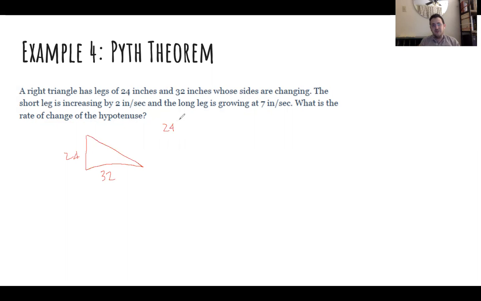So I'm going to do 24 squared plus 32 squared equals c squared. This is just our basic Pythagorean theorem problem, so we have to find the hypotenuse.